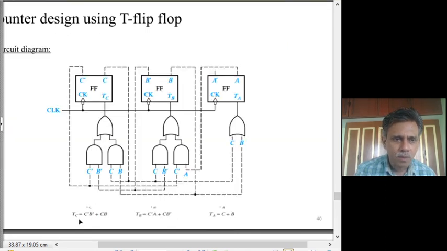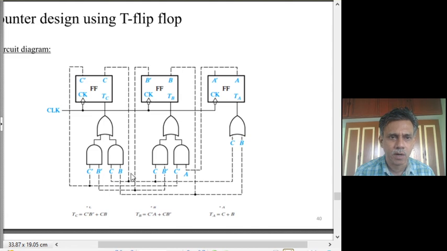Now we can arrive at or design or synthesize the circuit for this counter based on the T flip-flop. So 3 flip-flops, all are T flip-flops, A, B, C. Common clock goes to all of them. Can be positive or negative edge triggered. So TA is here. It is nothing but C plus B. So again, you can see that C is taken from this.